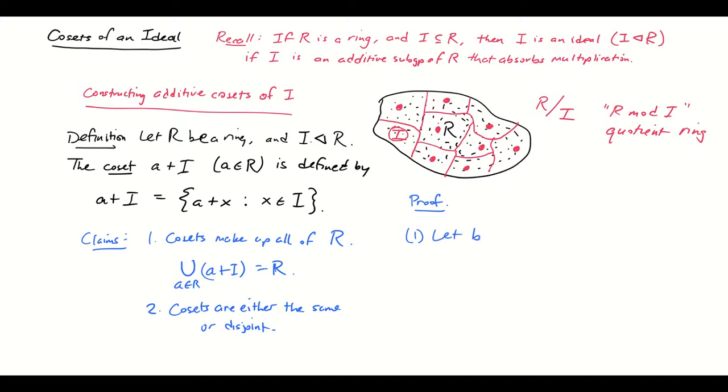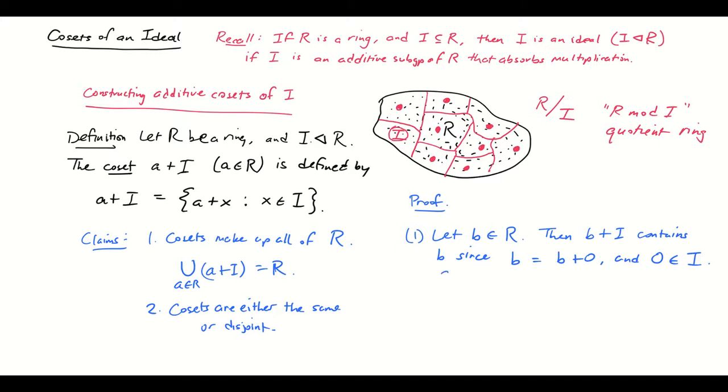Okay, so here's the idea. Let B belong to R. Then we know that the coset B plus I contains B, since we can always write B as B plus 0, and 0 has to be an element of the ideal, because the ideal as a subgroup has to contain the additive identity.